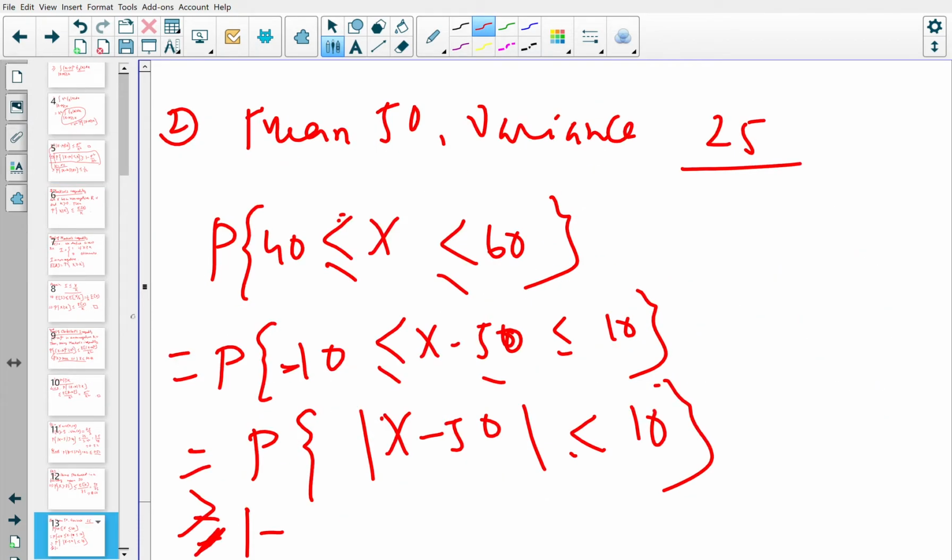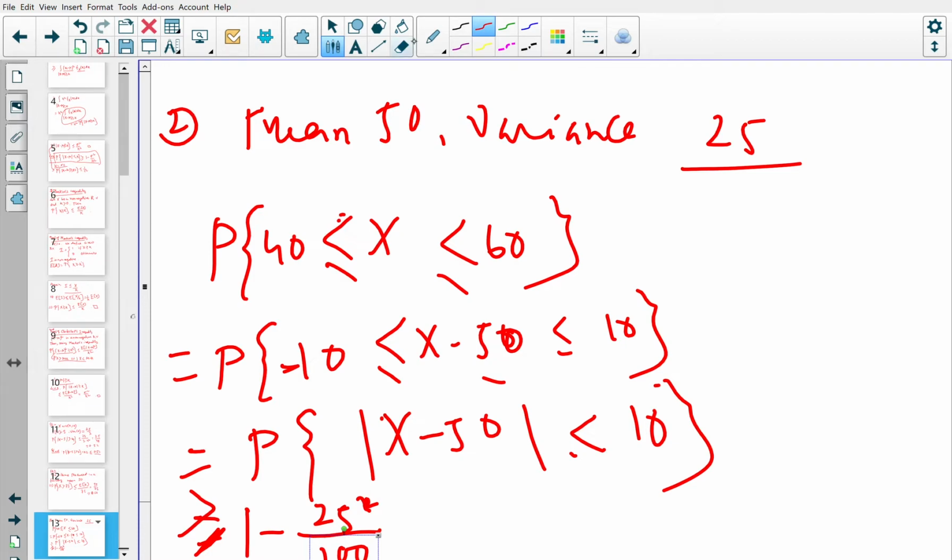What is sigma square? 25. And k is 10, so k square means 100. So sigma square by 10 square. Oh sorry, sigma square is 25.